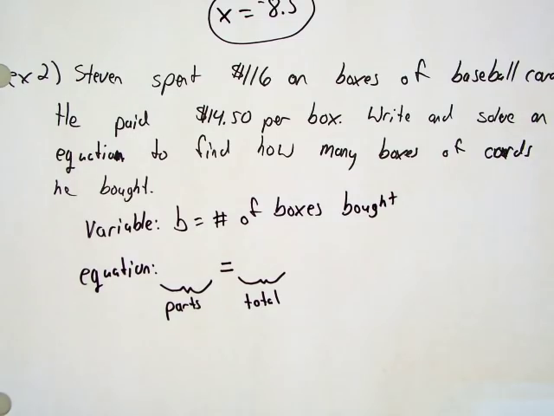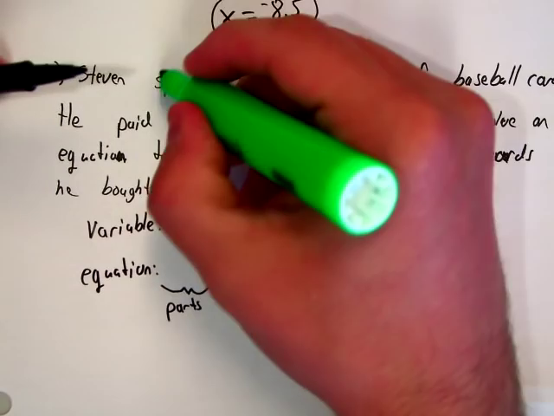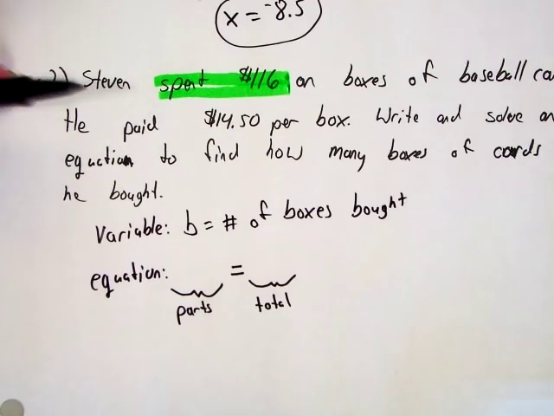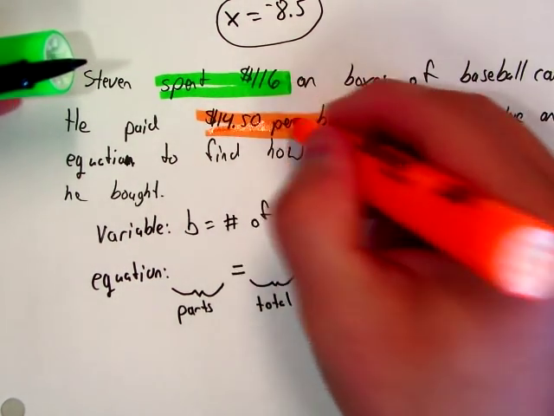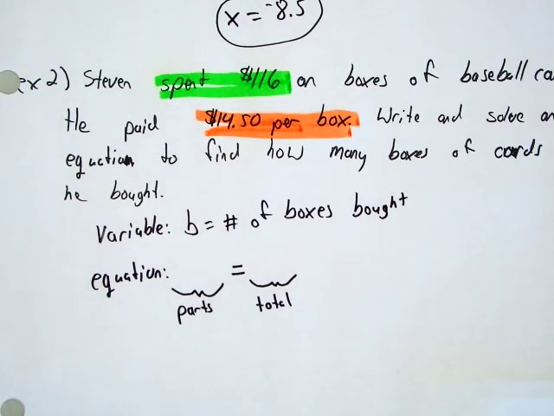Looking for important information, I can see that $116 is how much he spent, and the $14.50 paid per box is also important. One of those numbers is the total. If he spent $116 on baseball cards, that's the total.